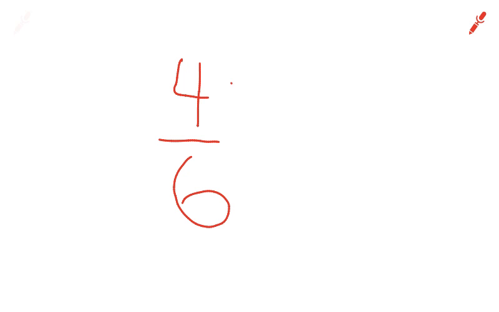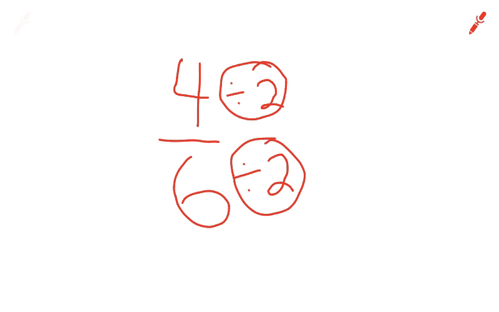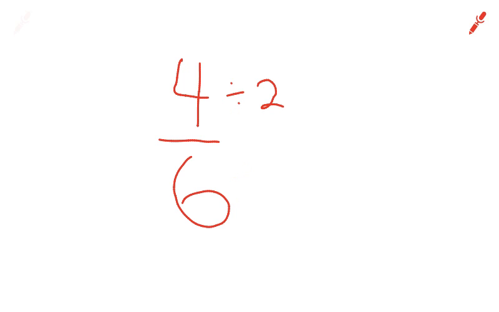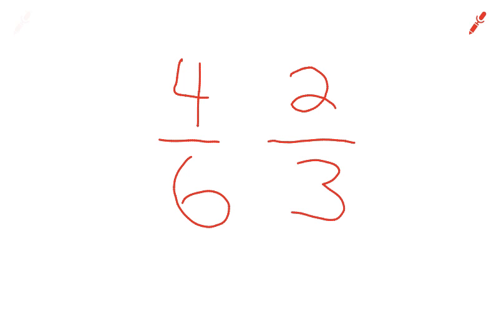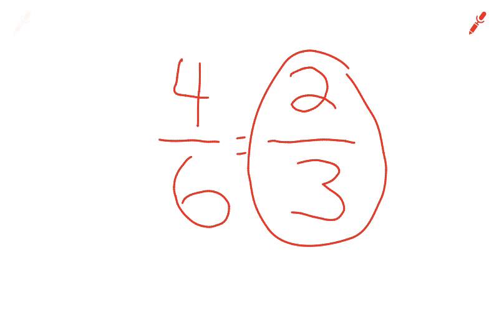So you say 4 divided by 2, and 6 divided by 2. You do divided by 2 both here and here. And when you do that, 4 divided by 2, you get 2. 6 divided by 2, you get 3. And your reduced answer is 2/3.